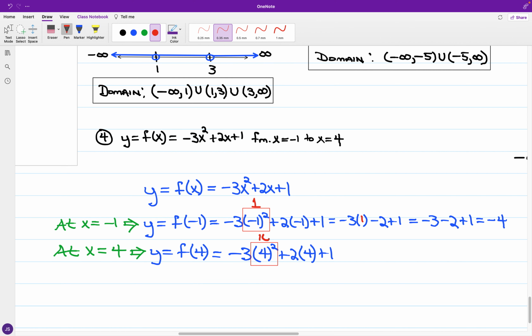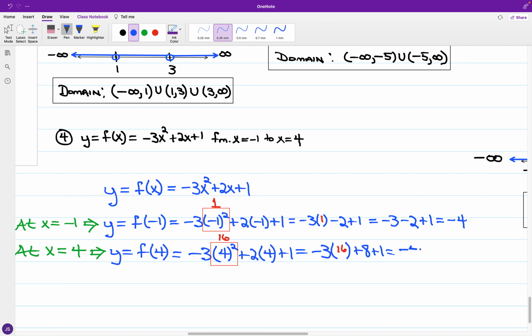Again, the square of 4 is going to be 16. So we have negative 3 times 16. 2 times 4 is 8, and then you can just regard that as adding 1, so 9. So we've got negative 48 plus 8 is negative 40, and then we have plus 1. So we have negative 39.